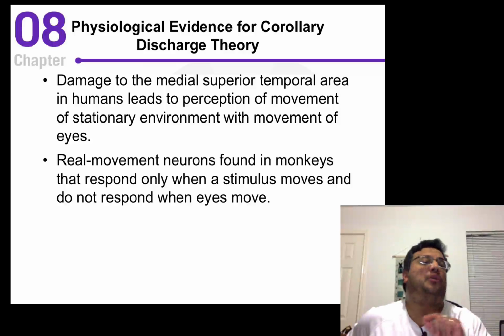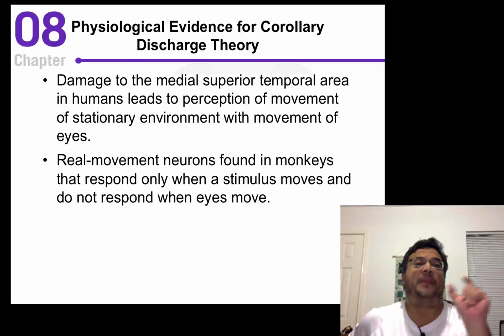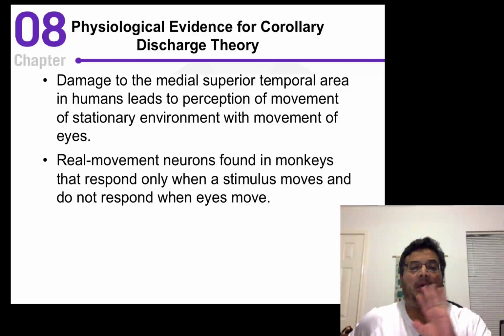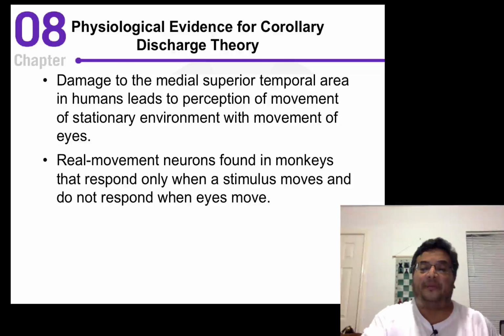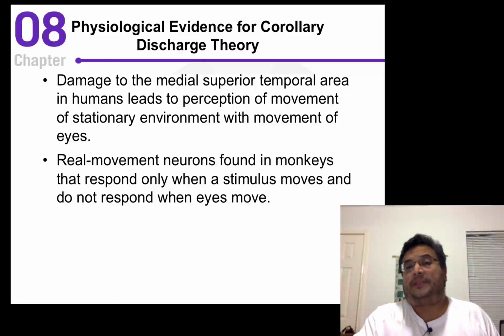They do not respond when the eyes move. In other words, when the retina is being presented with a changing landscape, they only respond when a particular object being focused on in the optic array is moving. So there is some evidence for at least some components of the corollary discharge theory.